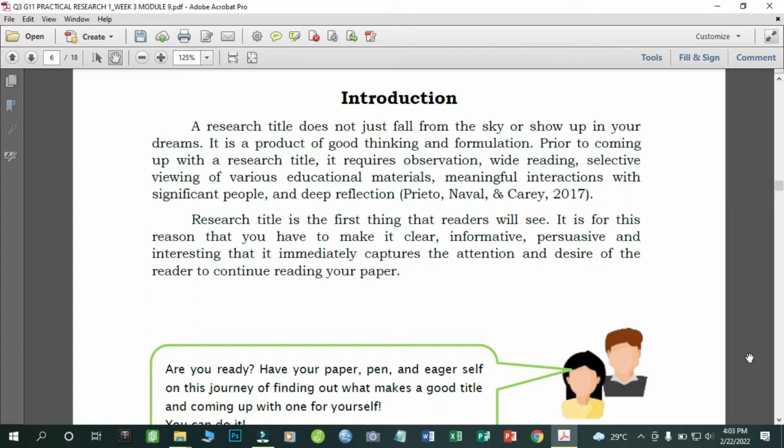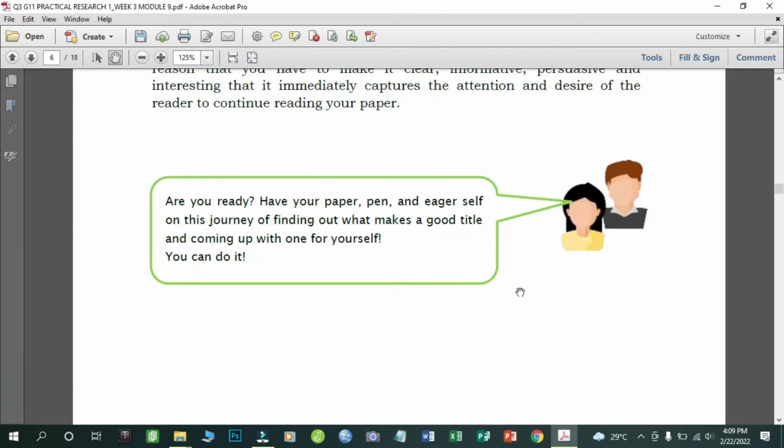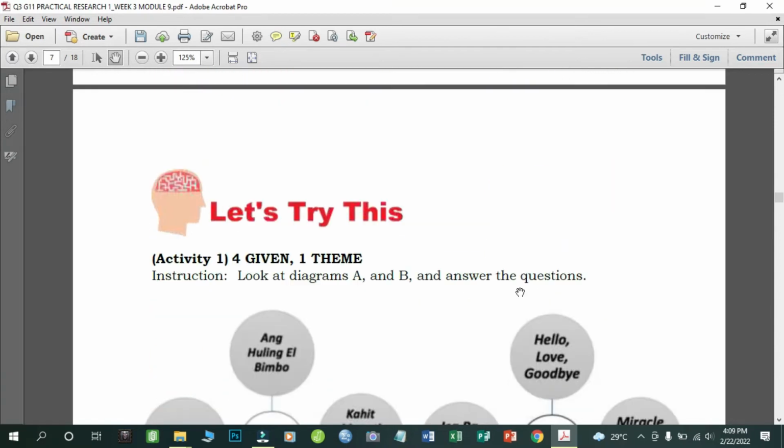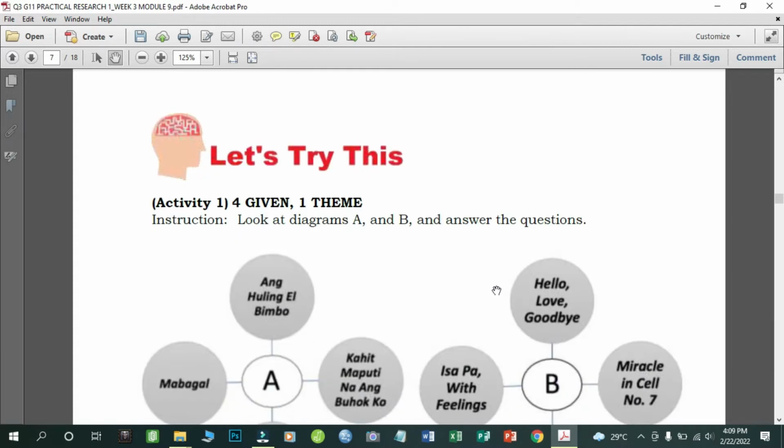Research title is the first thing that readers will see. It is for this reason that you have to make it clear, informative, persuasive, and interesting, so that it immediately captures the attention and desire of the reader to continue reading your paper. Their titles are very catchy to the audience, like The Howling El Bimbo, Miracle in Cell 7.